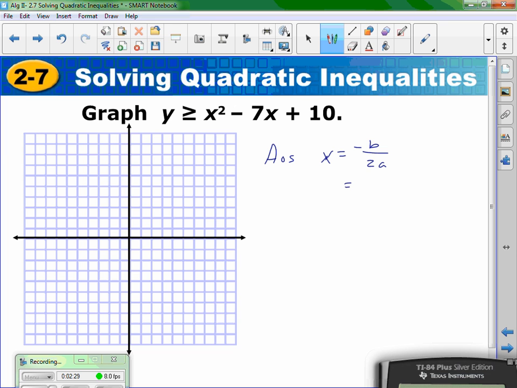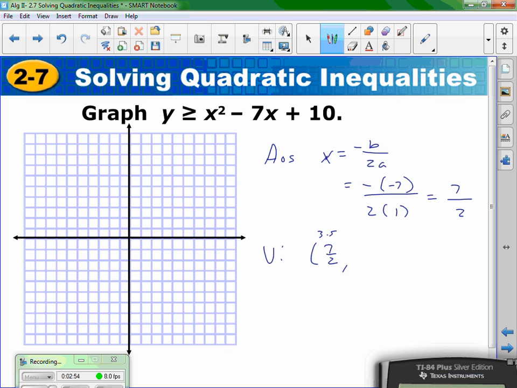So what's your b? So I have negative 7 over 2 times, what's your a? 1. Negative 7, positive 7. 2 times 1 is 2. So I know for my vertex, I have 7 halves. So you know that's 3.5.